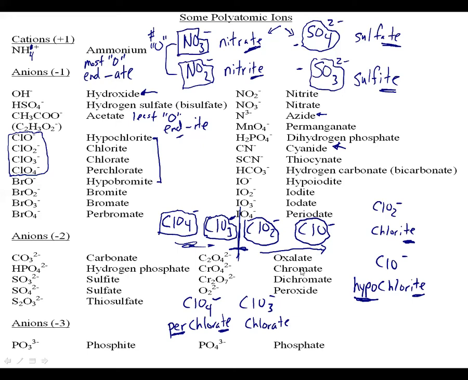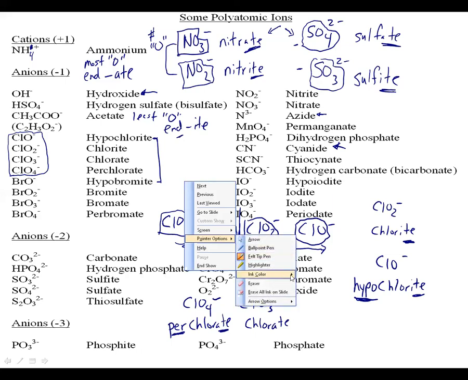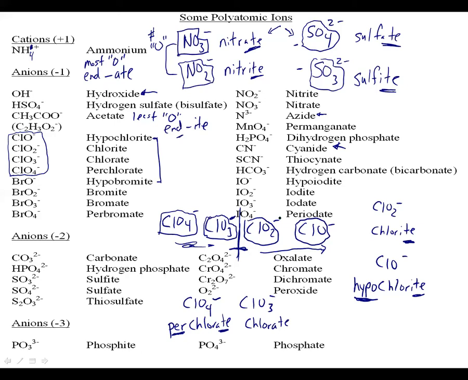Now, there's a couple other things that you will also see with these polyatomic ions that sometimes happen. If we look at, say, CO3 2 minus, which is right about here. So if we look at CO3 2 minus, again, that's one carbon and 3 oxygens all together, never breaks apart, has a -2 charge.